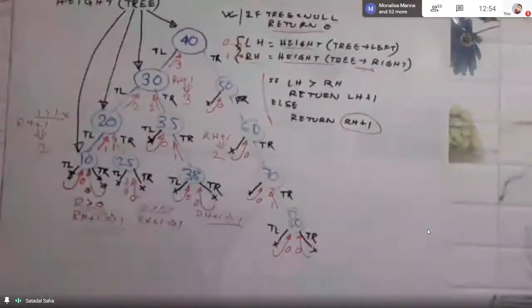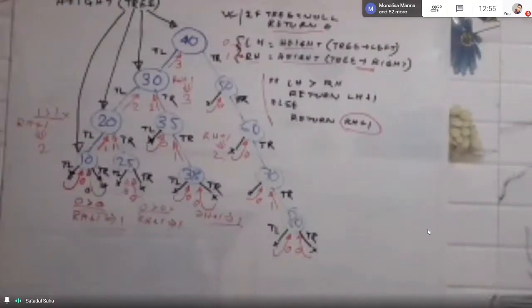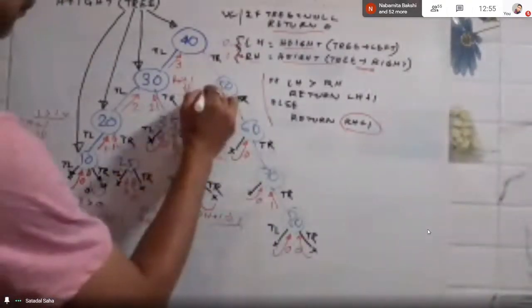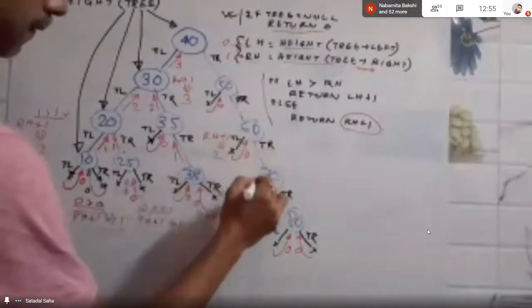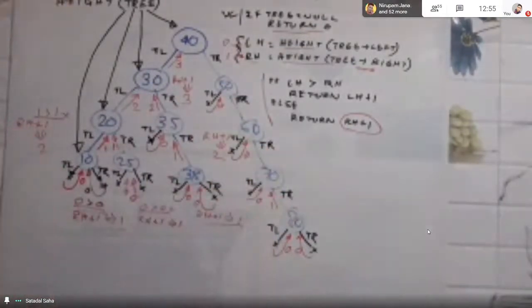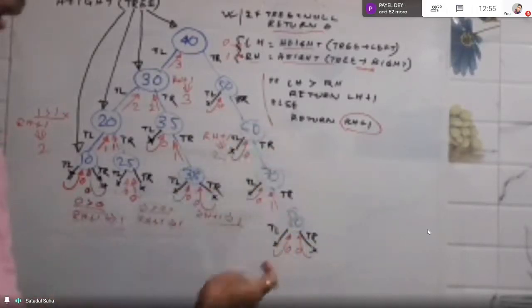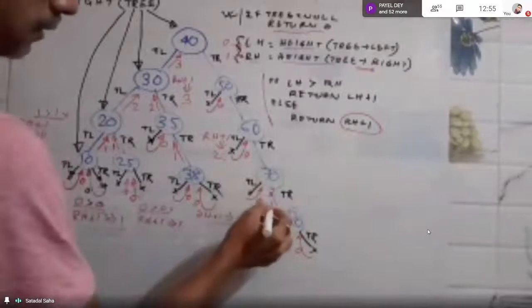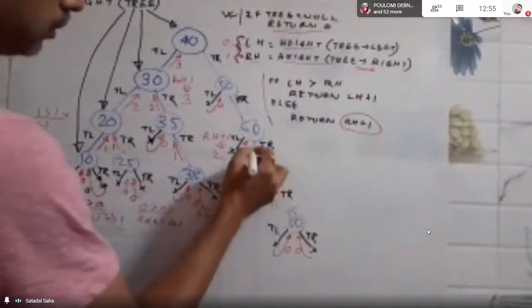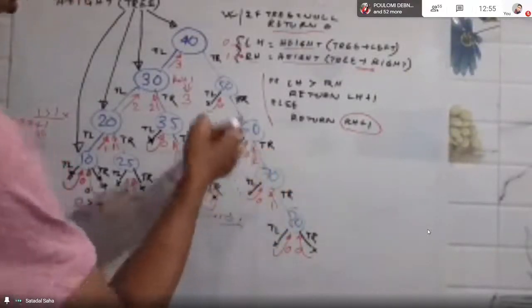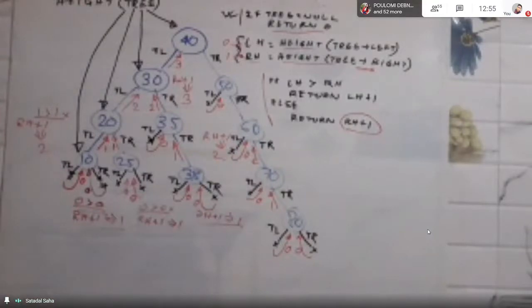In this case, the if block is not executed because LH is not greater than RH. So it will go to the else block and return the value RH plus 1. That is 1 plus 1, 2. So it will return the value 2 to its call point, which is 60.